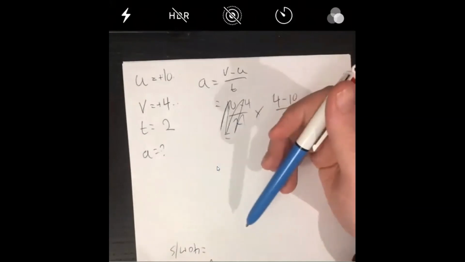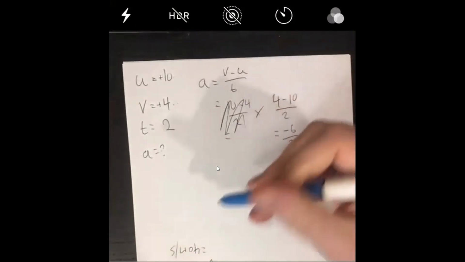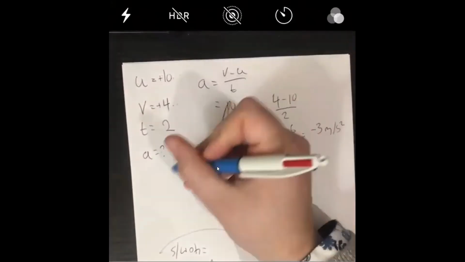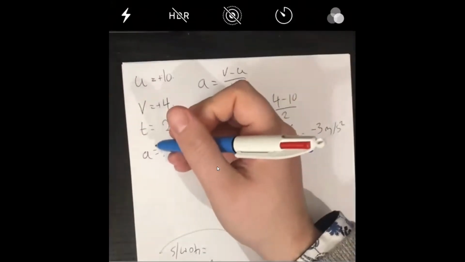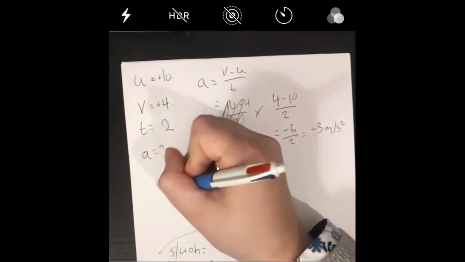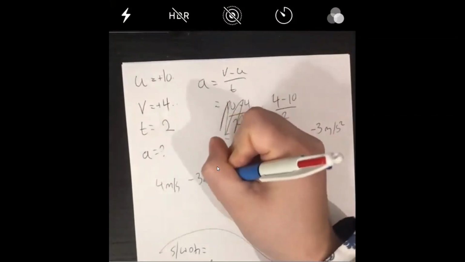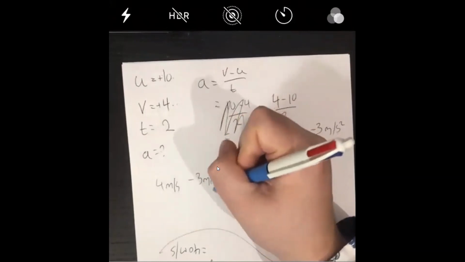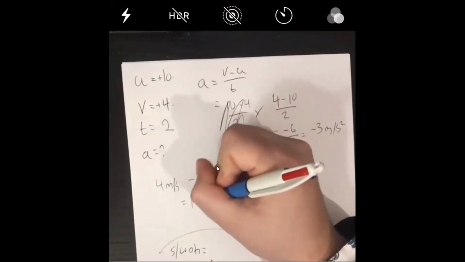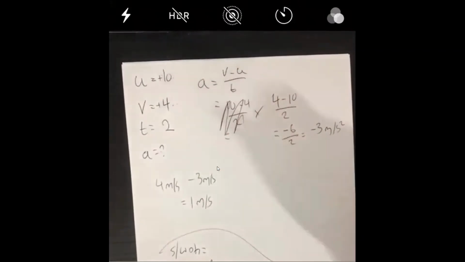There's a couple of ways you could do this. You could do this the easy way or the hard way. Let's do the easy way first. If we're traveling 4 meters per second, and if we remove 3 meters per second, because we're only doing that for 1 second, our final speed will be 1 meter per second.